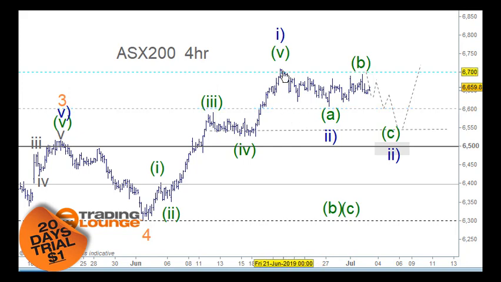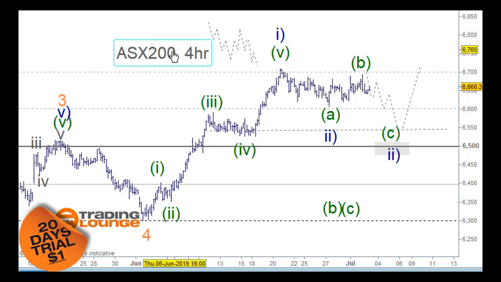Because we have a 3-wave move here, then it looks like we're going to have a bit of a flat correction, so we may not pull down through here. A flat correction, normally with wave 1s and 2s here, we would look at this as 1, 2, 3, 4, 5 for the A wave, 3 for the B wave, and 5 for the C wave here.